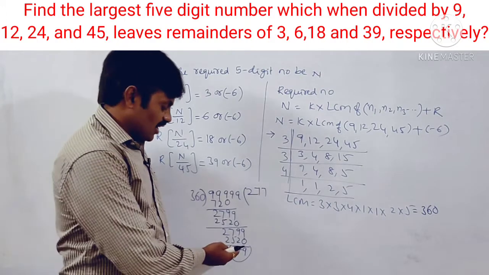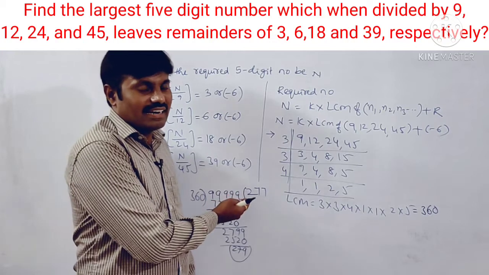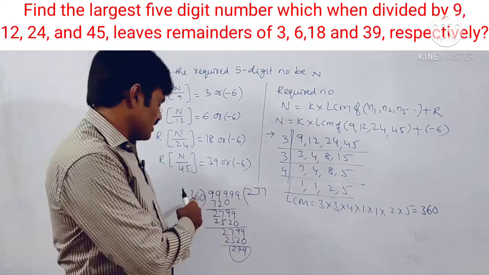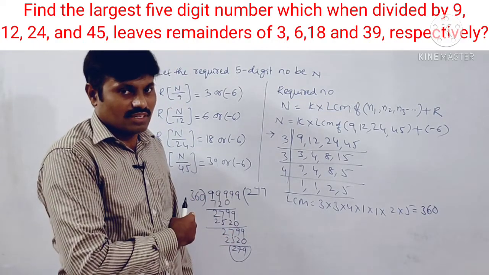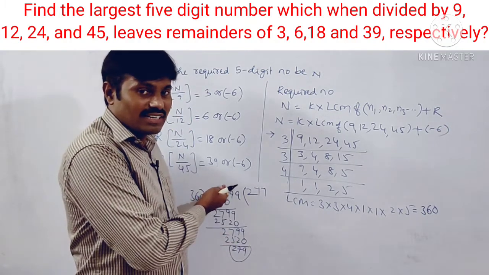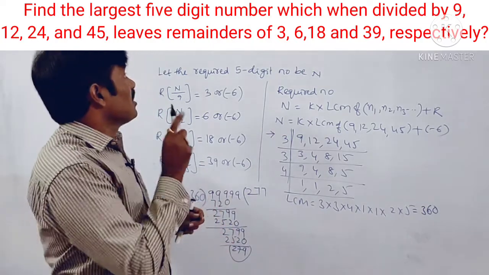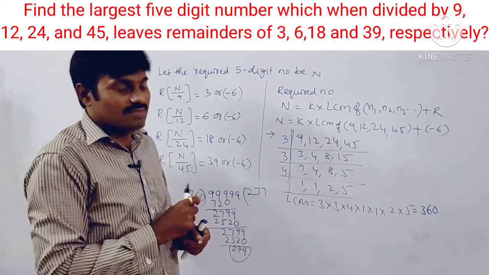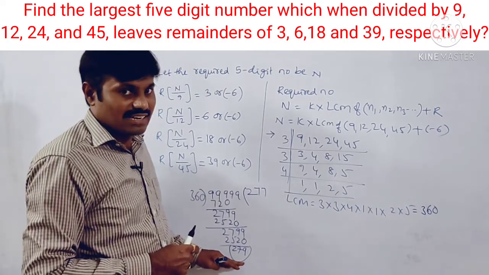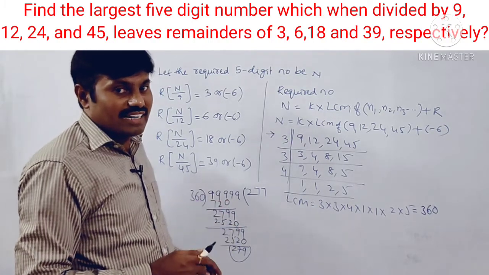If you subtract this 279 from 99,999, we get the greatest 5-digit number which is divisible by 360. If we add 279 to 99,999, we will get a 6-digit number, but we don't want that. We want the largest 5-digit number divisible by 360, so we must subtract this extra 279 from 99,999.